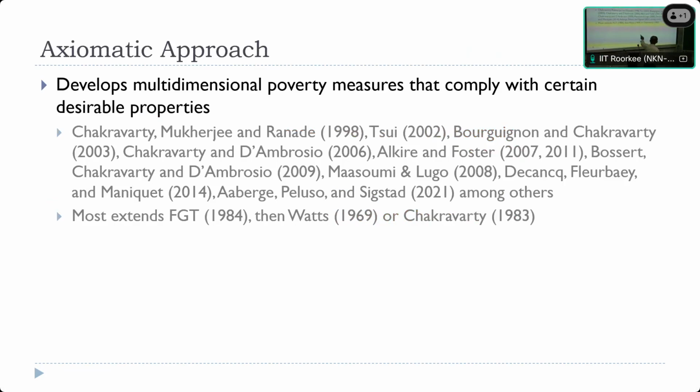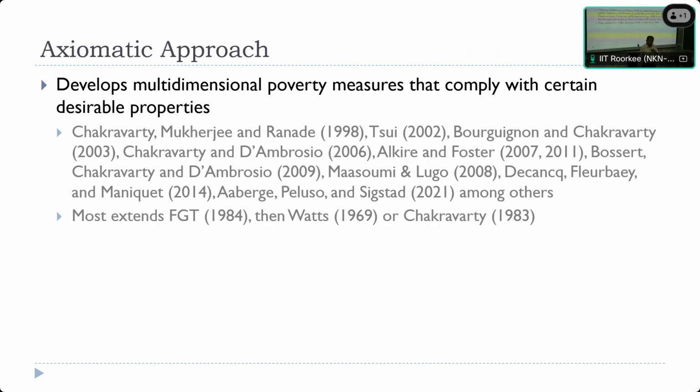All those papers here, starting from 1998, have proposed their measure, but have verified what properties are satisfied and what are not. Unlike the statistical approaches, fuzzy set approaches, and so on.